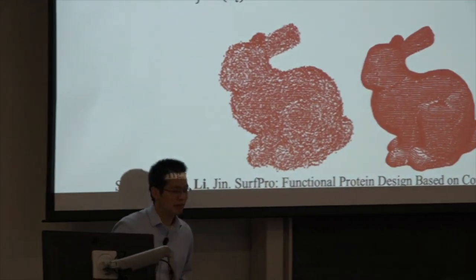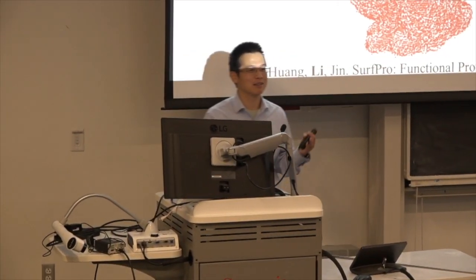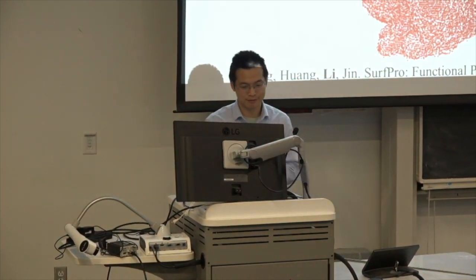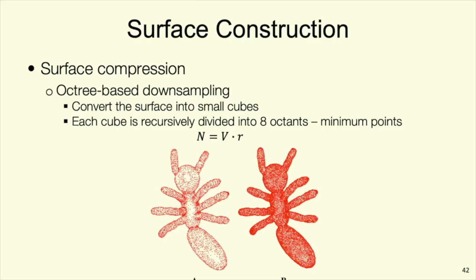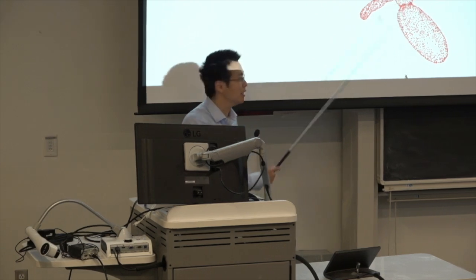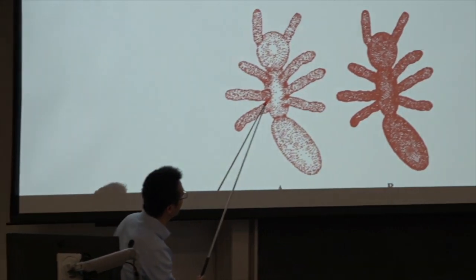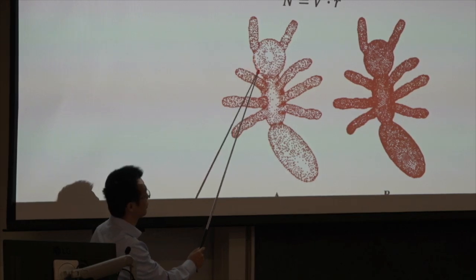But one issue is that we get a lot more vertices, so if we just pass that to the encoder, it's computationally expensive. So we also do surface compression, downsampling from this dense representation back into a coarse representation. But this coarse representation preserves all those tiny details. In the detailed parts, we have more vertices, and in the smooth parts, we have fewer vertices.